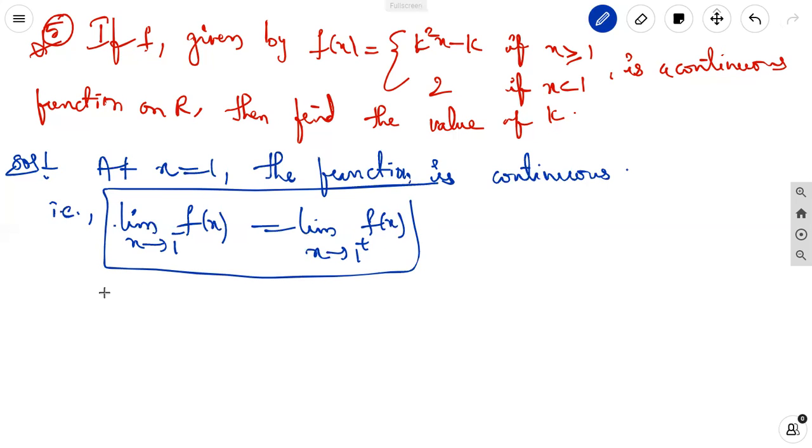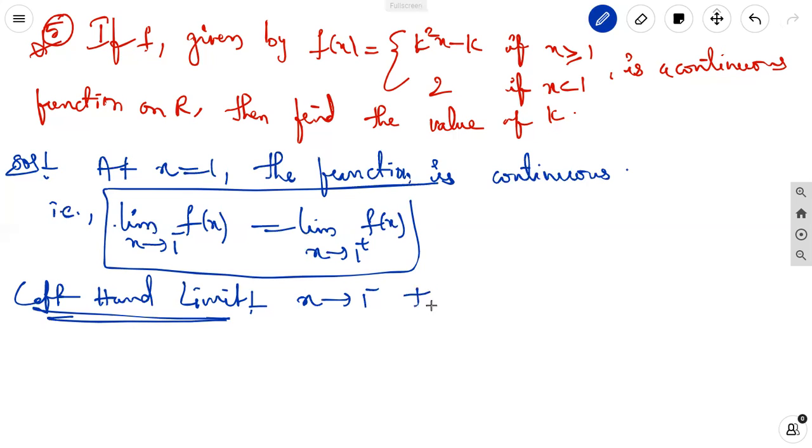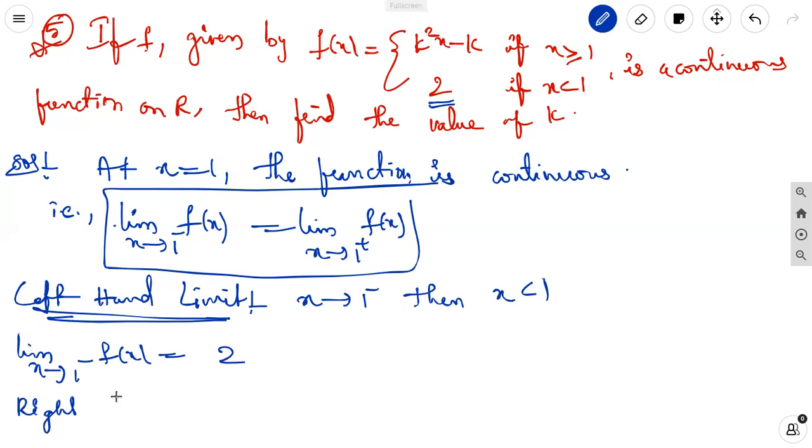For that, first we take the LHL and RHL. What is the left hand limit? At x equal to 1, if x tends to 1 minus, then x should be less than 1. Where it is less than 1, 2 is the function. So limit x tends to 1 minus f of x is equal to 2. Next, take the right hand limit.